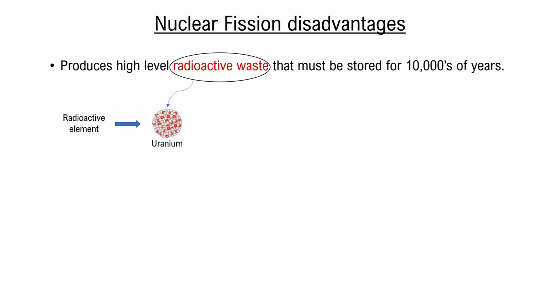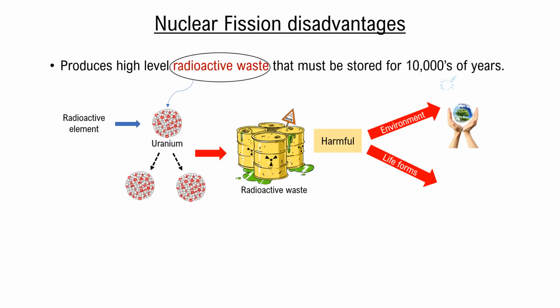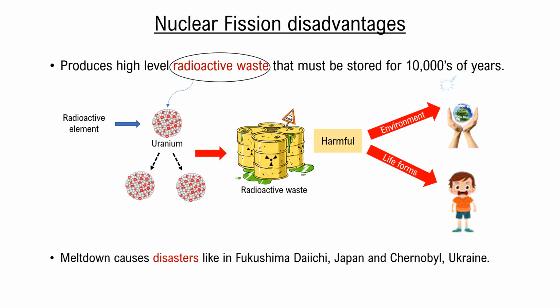When uranium undergoes fission, it generates radioactive waste along with energy. This radioactive waste is very harmful for the environment and life forms. Next is the meltdown, which causes disasters like in Fukushima Daiichi, Japan and Chernobyl, Ukraine.